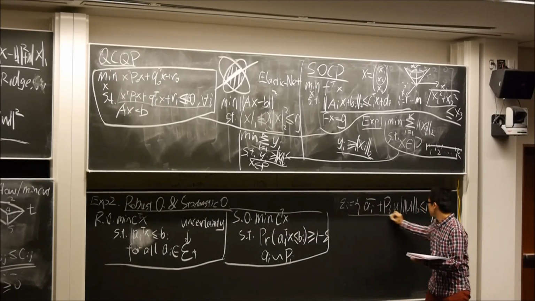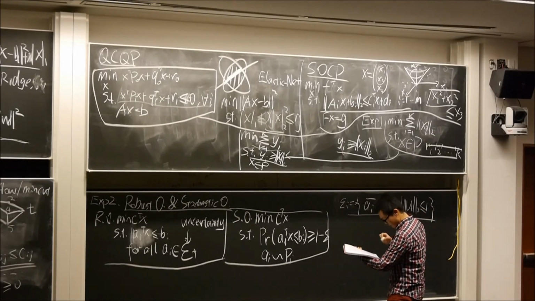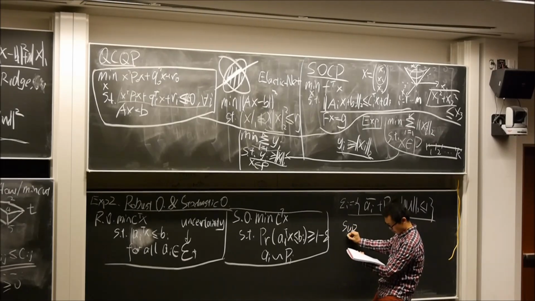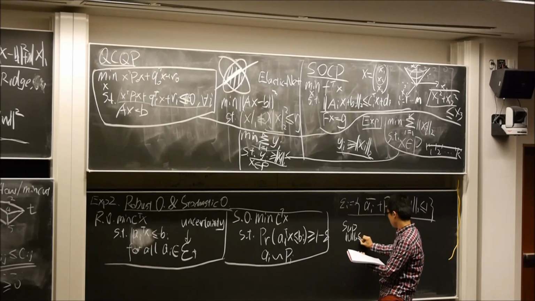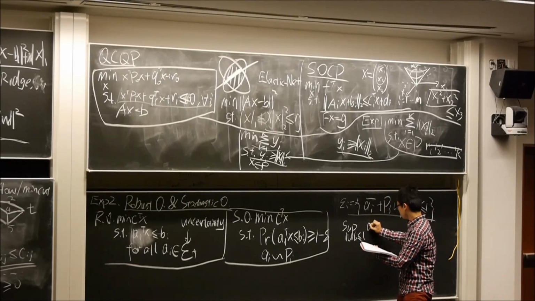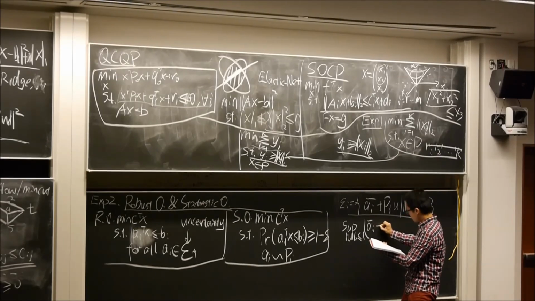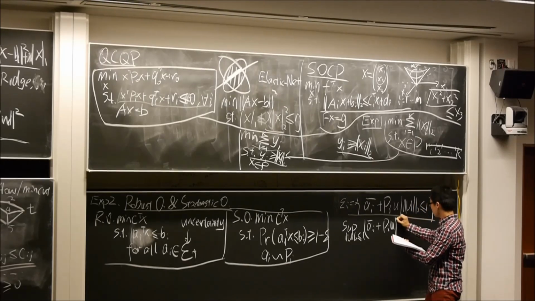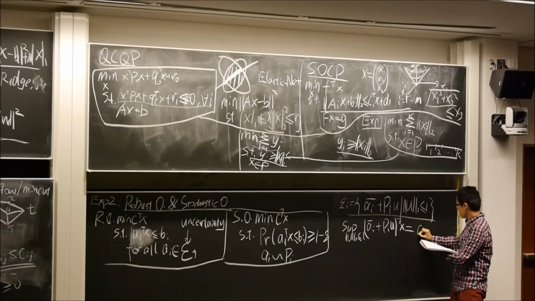If this is the uncertainty set, then we know the sup over all u of this is equal to this.